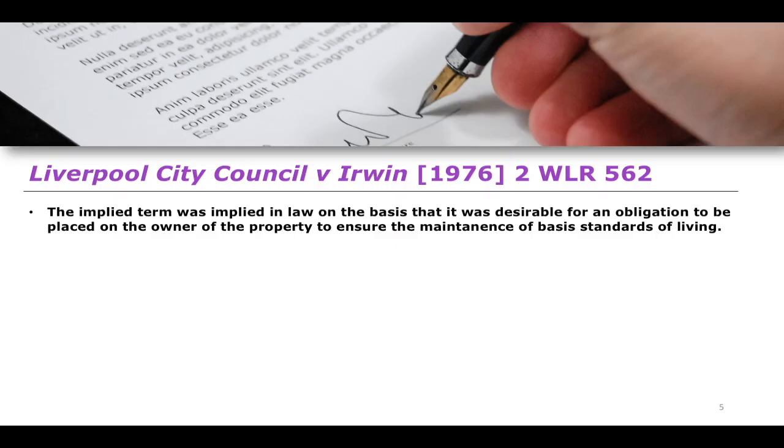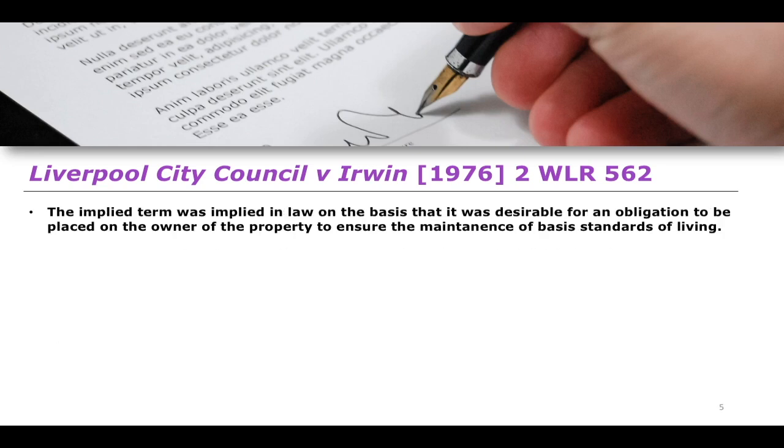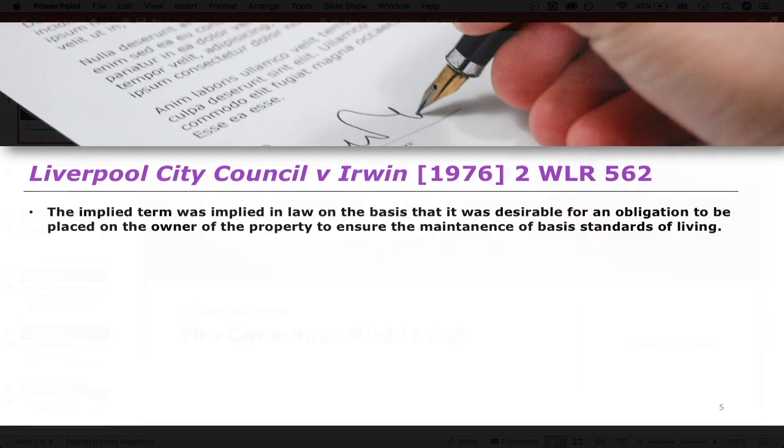As a result, the intention of the parties was irrelevant, whether or not they intended for this contractual term to exist in the contract itself, or any other kind of test that may be introduced on the basis of facts, like a reasonable person or reasonableness test for the enjoyment of the property. Instead, it was an obligation in law, on the basis that there should be an obligation for the owners of such property to ensure that the maintenance of the property was up to scratch with the basic minimum standards of living.